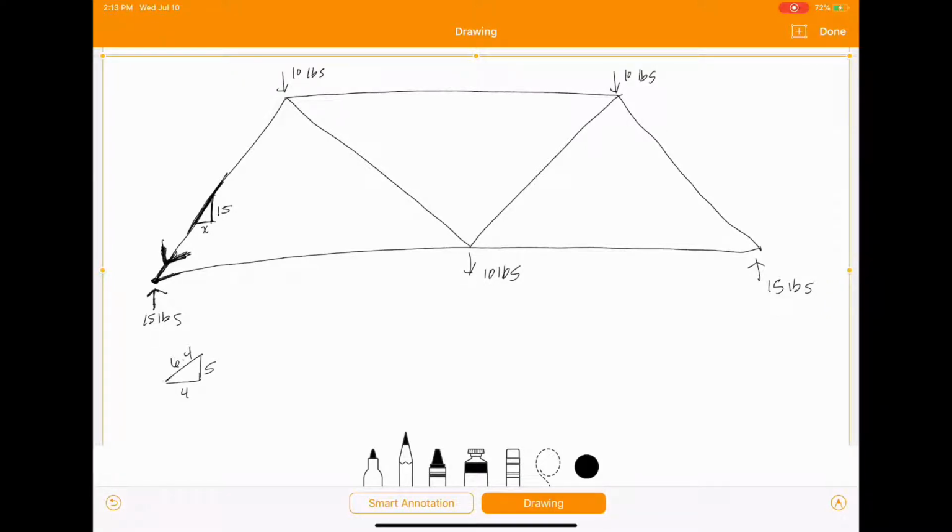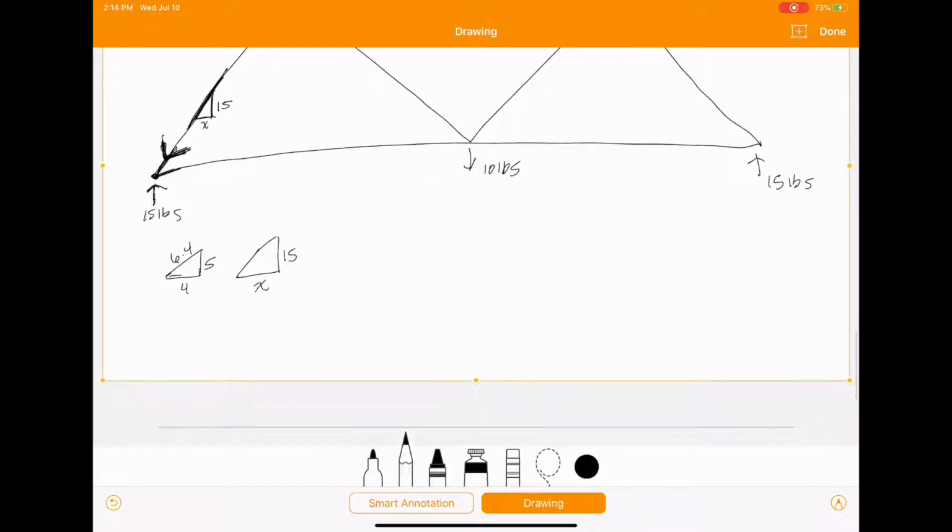So I know that that triangle is going to be similar to this triangle. So I can go ahead and set up a ratio here. So I'm going to do 5 over 4 is equal to 15 over x, and you can solve for x. And x is going to equal 12.